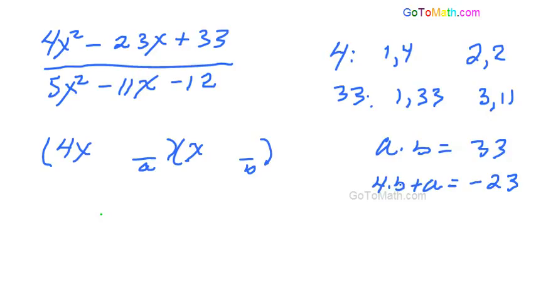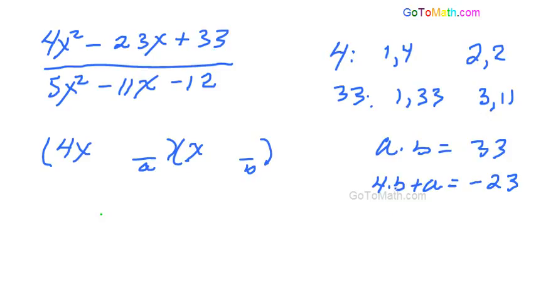Now let's take a look at this. If I put 4 times 33, that's a huge number, so we know that's not going to be it. Or if it was 4 times 1 and then a 33, that's not going to give us a negative 23. So we're going to have to look at 3 and 11 here. And we've got a negative, so they're going to have to both be negative, right?